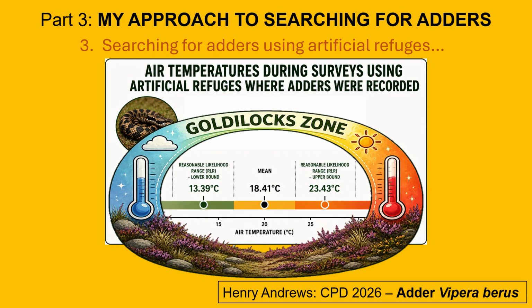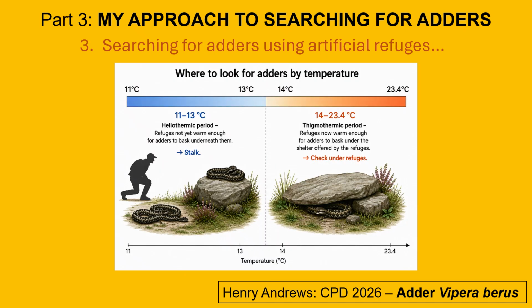Taking into account the temperature ranges for stalking, my approach is therefore now that in what I consider the heliothermic period, when the sun is shining but the temperature is 13 degrees centigrade or below, as the adders are most likely to be encountered basking in the open or on top of the refuges, I stalk, but I do not approach the refuges or physically disturb them.